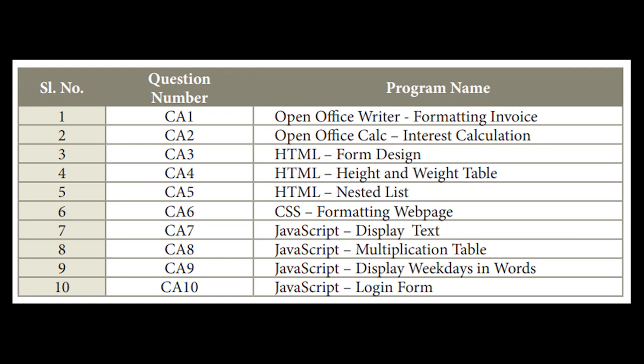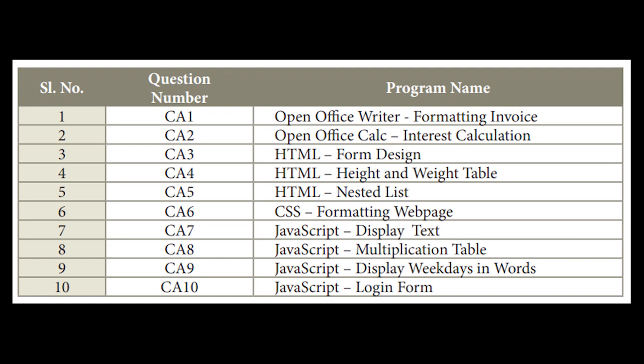So if there is any error, you can check it when you are executing. How will you execute? If you are writing an HTML code, you save it as name.html or name.htm. It will be saved with a browser icon.